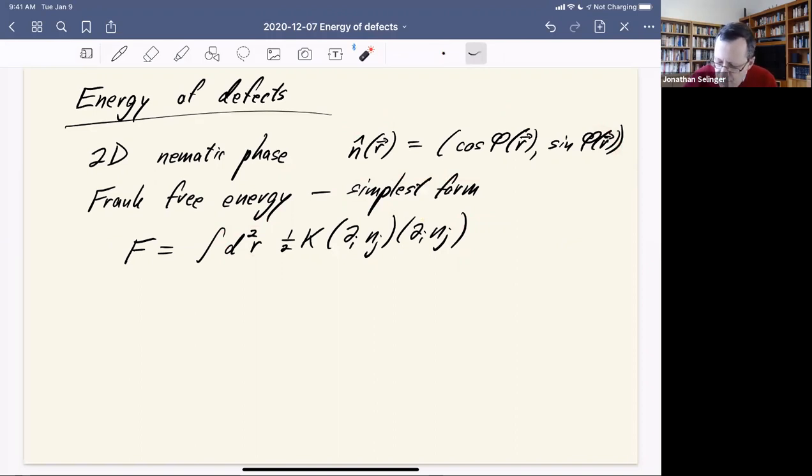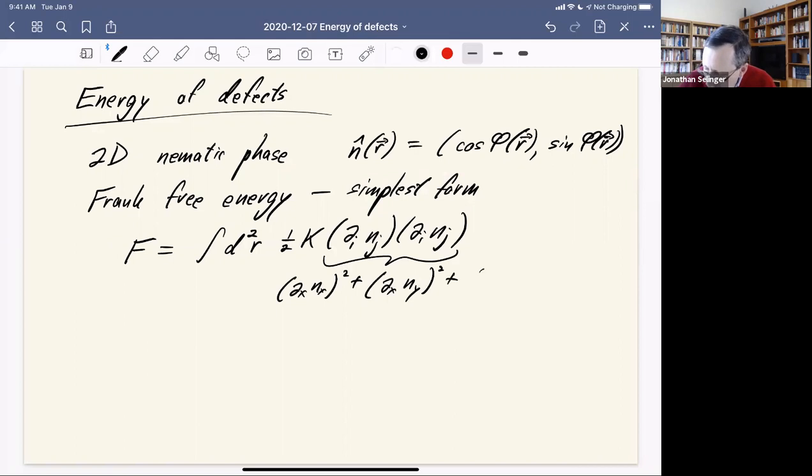This means the x derivative of n_x squared plus the x derivative of n_y squared plus the y derivative of n_x squared plus the y derivative of n_y squared.